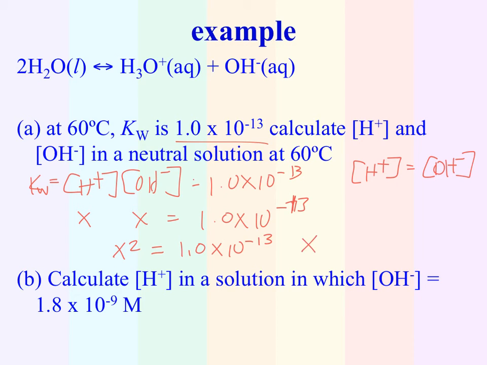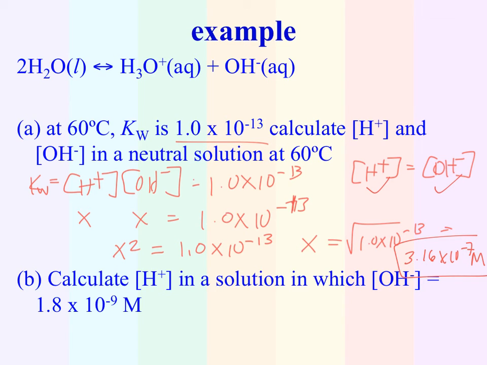And x is subsequently going to be equal to the square root of 1.0 times 10 to the negative 13th. That's going to give us 3.16 times 10 to the negative 7 molar concentration, and that's going to be true for both our H plus and our OH minus.